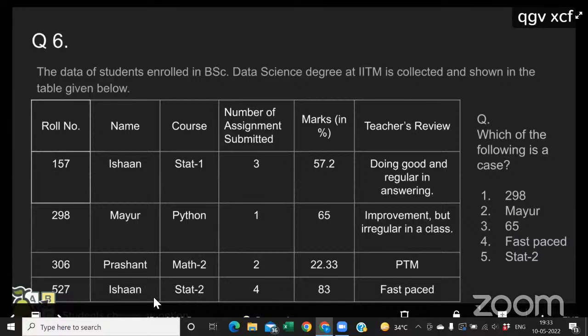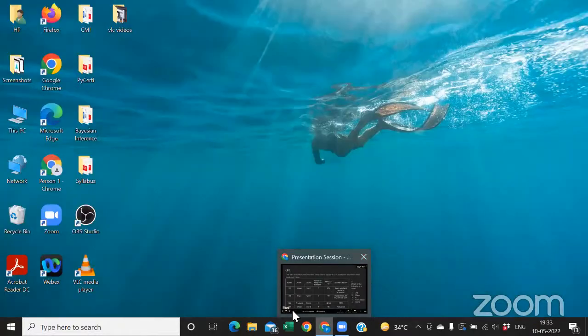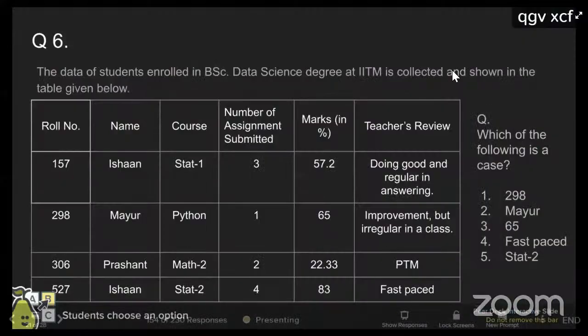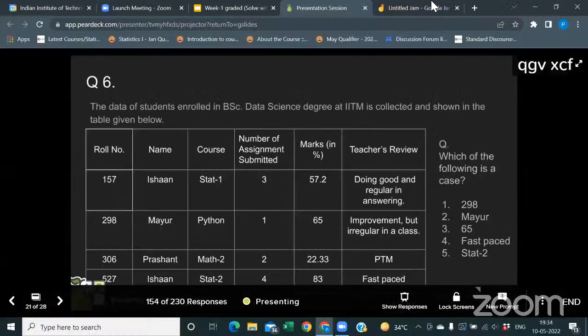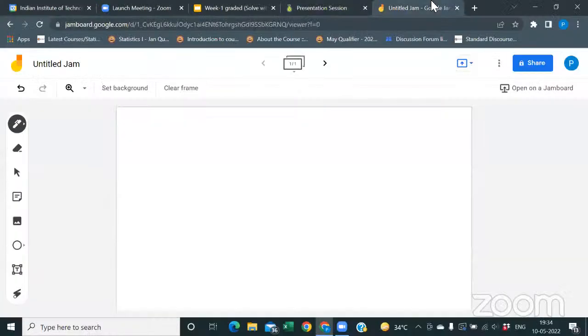Suppose roll number is not there, only student name is there, and I'm taking the course and the marks.